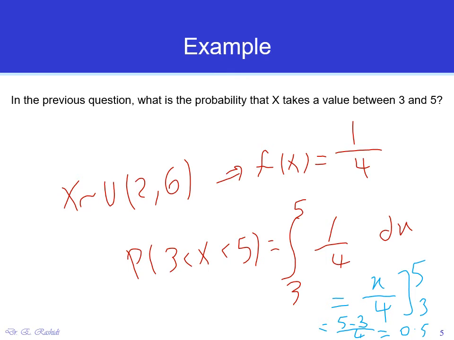So the probability is 0.5. But there is an easier way actually to do this, not using the mathematics. And that's by using the plot of the distribution.